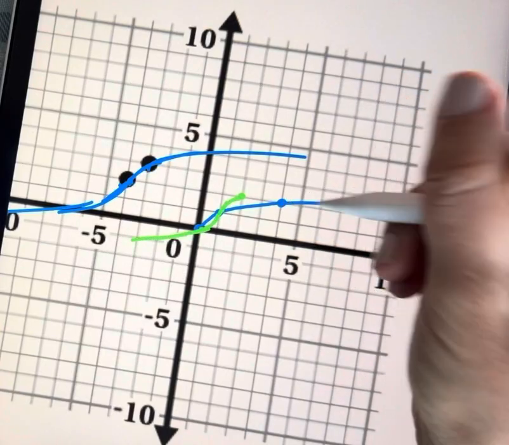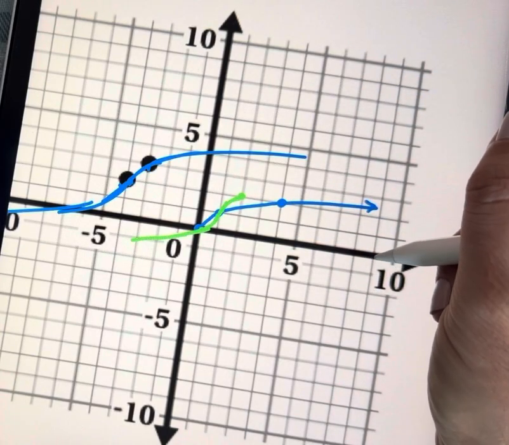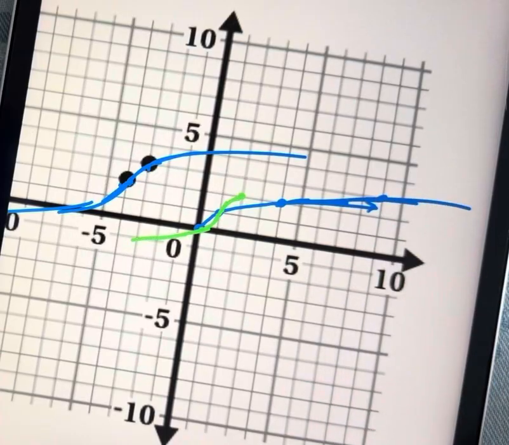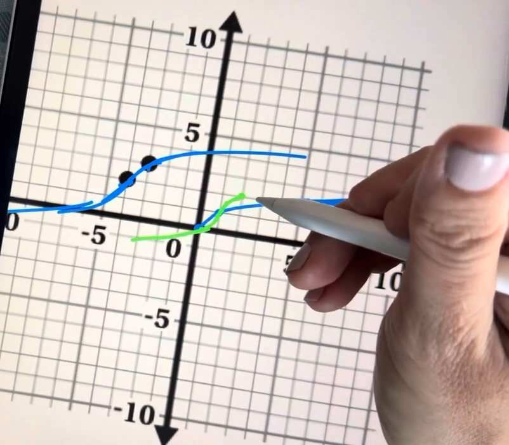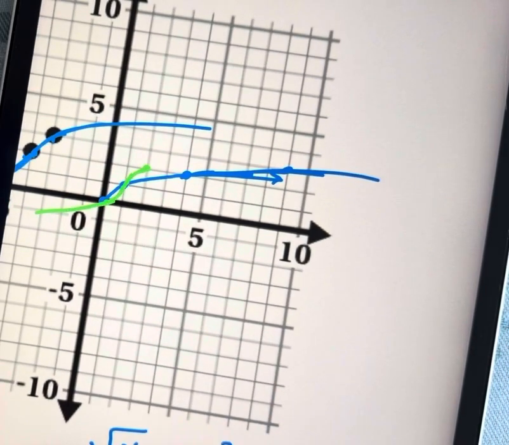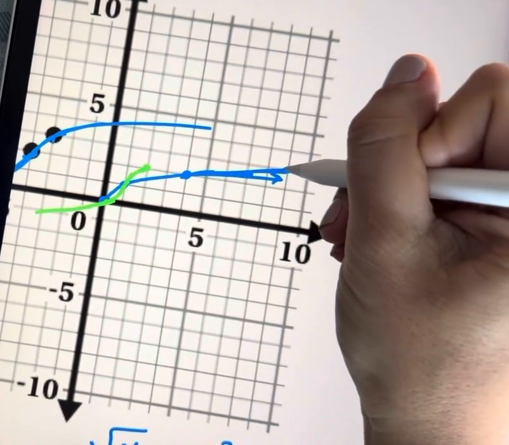The square root function has 4, 2, and then it has 9, 3. And then this cube root function would have 8, 10. 10 minus 1, 8. No, 9. 9 minus 1 would be 8. Cube root of 8 would be 2. And 2 plus 1 would be 3.